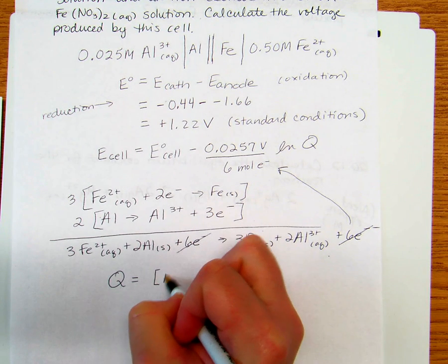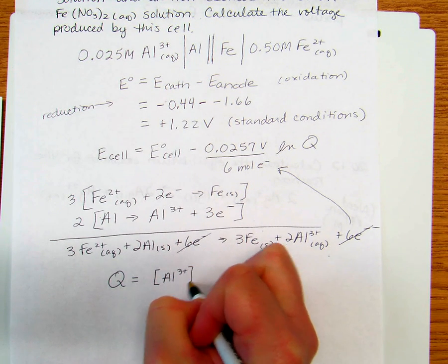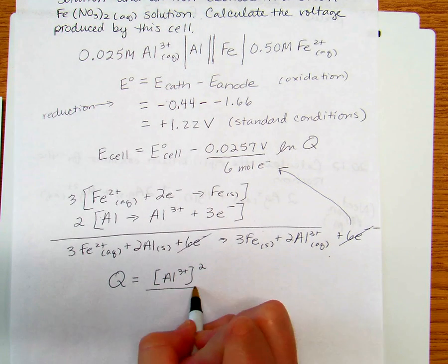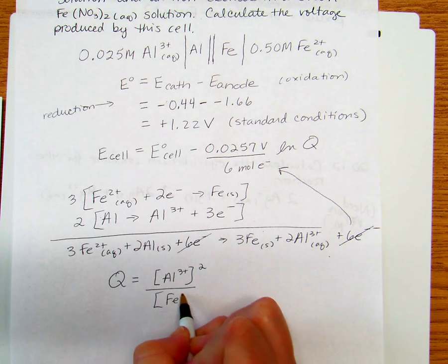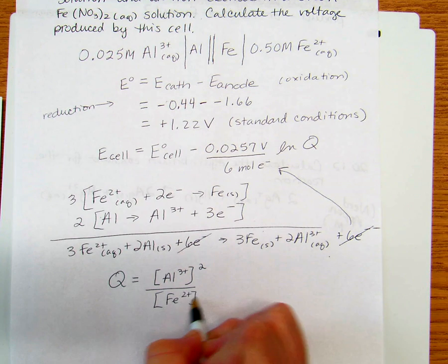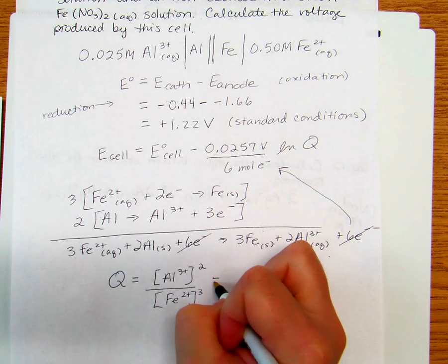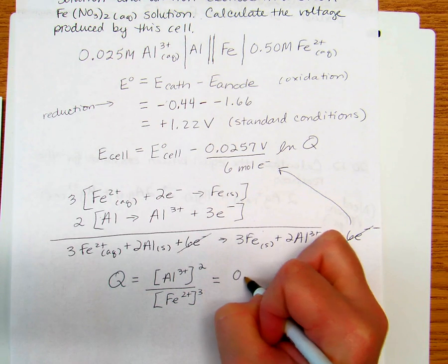We take the concentration of our aluminum ion, square it because of the 2 coefficient, times the concentration of our iron ion, and cube it because of the 3 coefficient in the reaction.